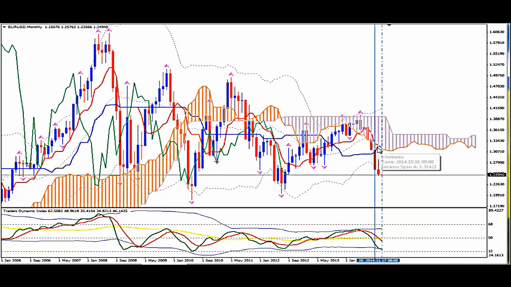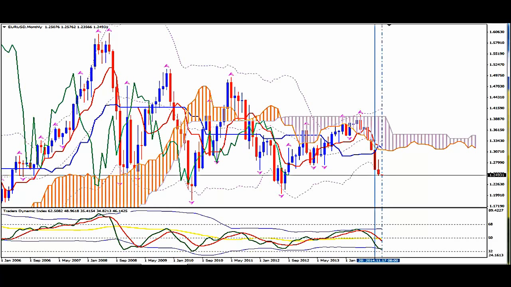And since we had this symmetrical triangle, if the fall stops here, it means we should expect a very strong move upwards, which will exceed even the 1.40 price level. Of course, that will take months, but this is a hypothetical scenario, in case the pair succeeds in reversing and starting to go up instead of falling further.